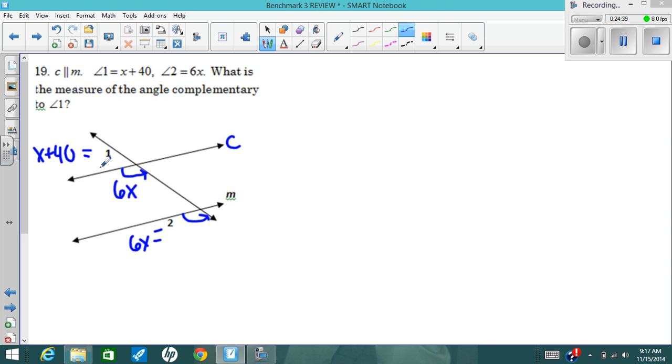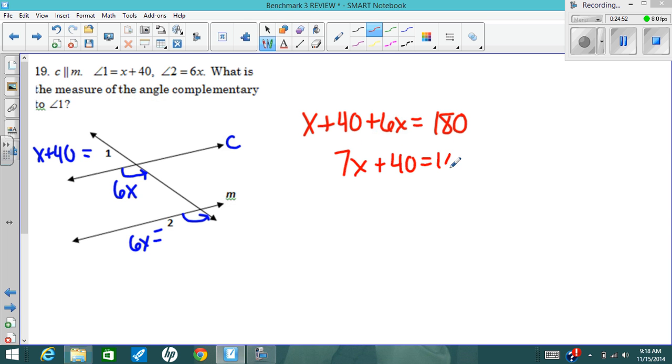And therefore, these two are supplementary, so I can add x plus 40 plus 6x to be 180. Subtract 40 and divide by 7.